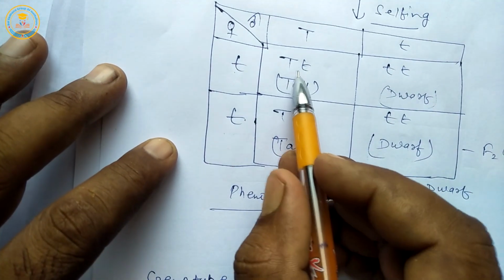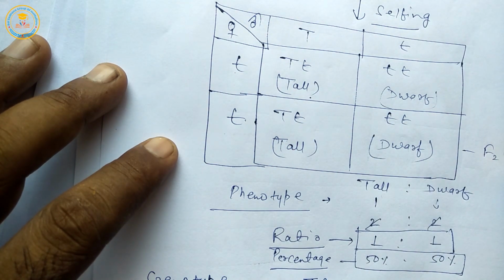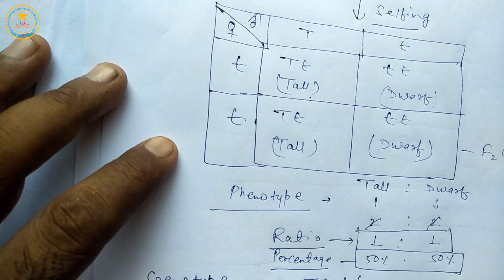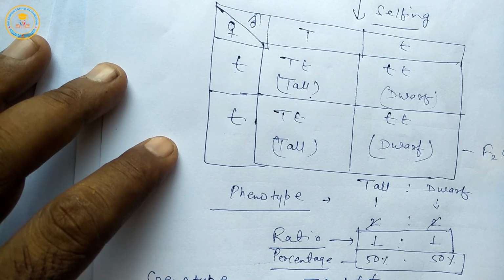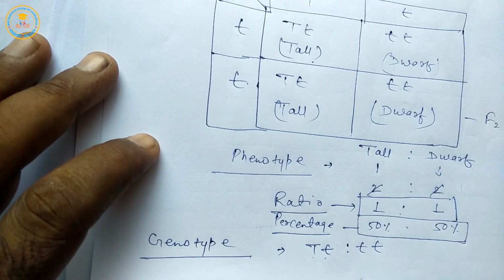First is capital T, small t, another is small t. Students remember this form is heterozygous form, this form is homozygous form.